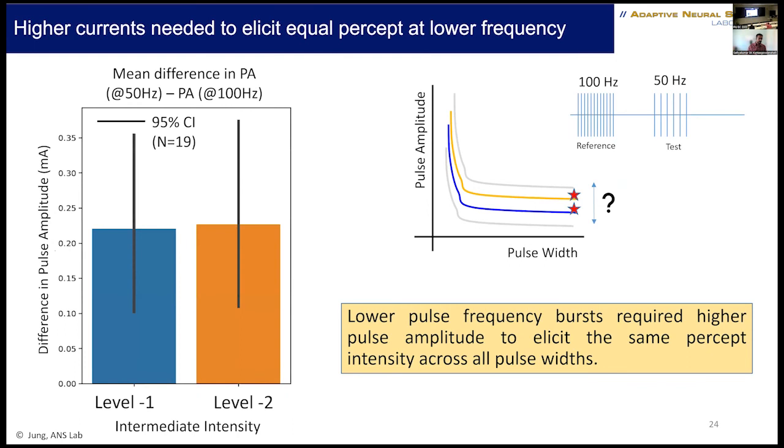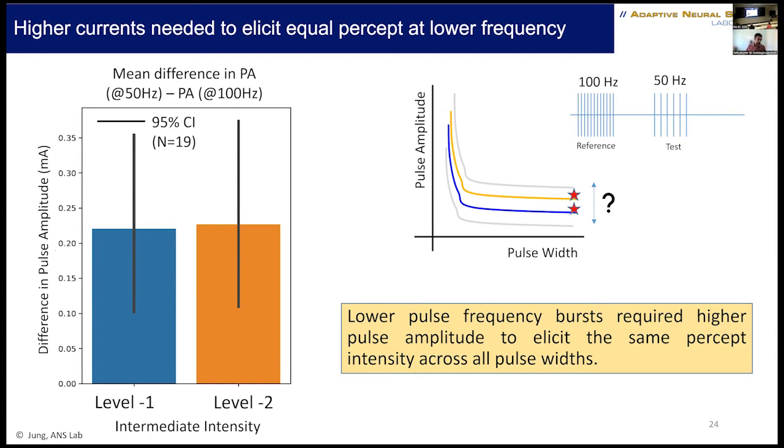And finally, this is aggregated data where I was looking at whether, if you use a different pulse frequency, that will cause a shift in your isopercept intensity curve. And the way I'm measuring that is basically looking at the difference between the amplitude values reported at a lower frequency subtracted from the amplitude values reported at a higher frequency.